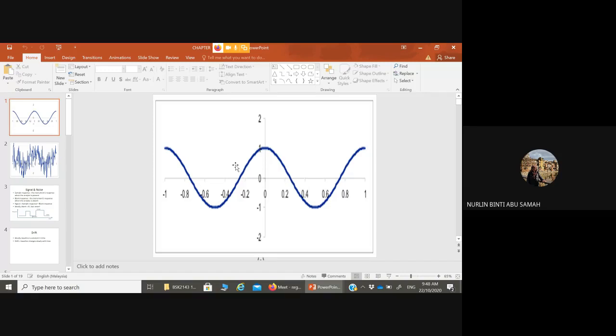Okay, so now we're going to go for the signal and noise. I believe that most of you already understand the relationship between the wavelength and the energy. In this first slide, you can see that it's a sinusoidal wave.